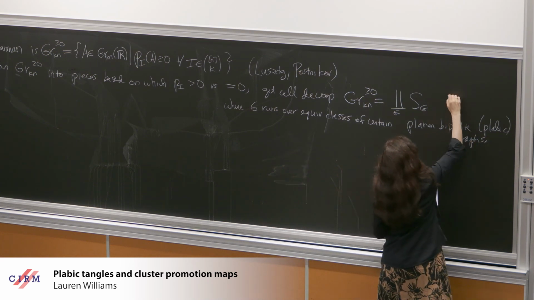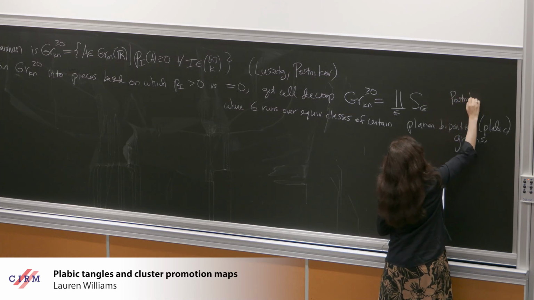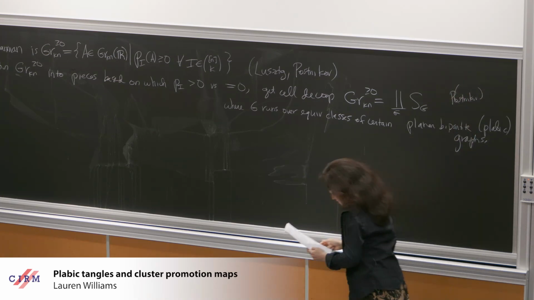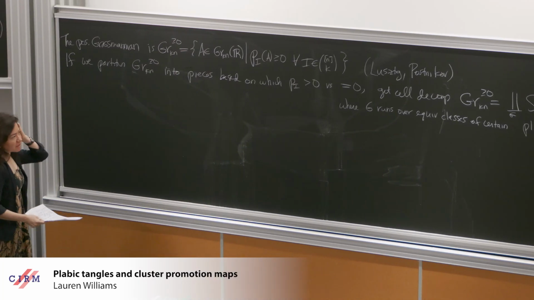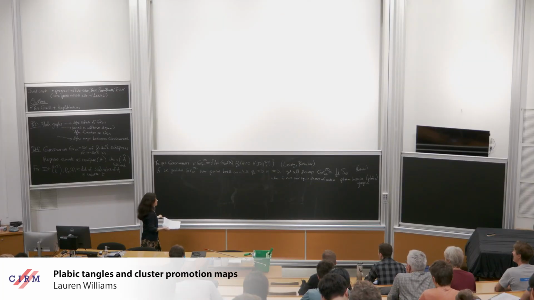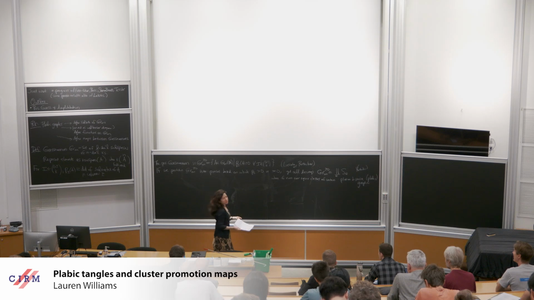Okay. So that's it. We have this positive Grassmannian, and one can partition it into cells, and the cells are indexed by certain planar bicolored graphs.